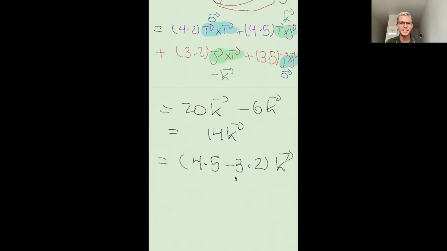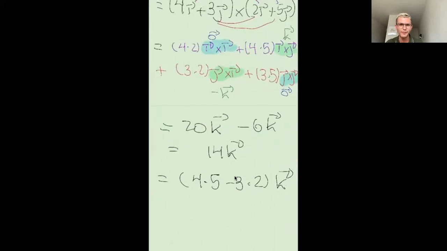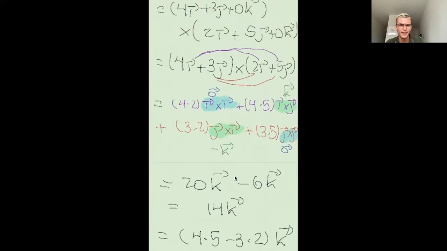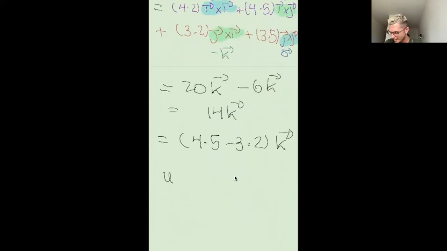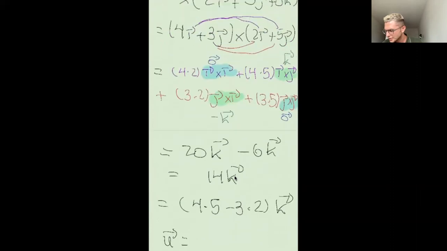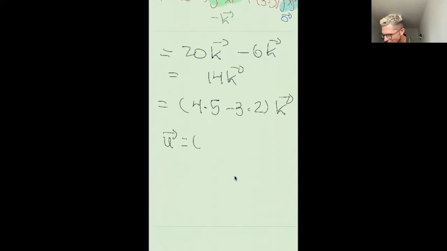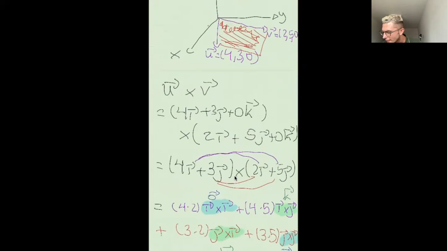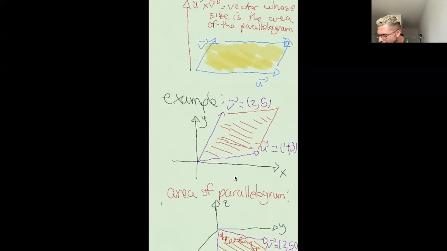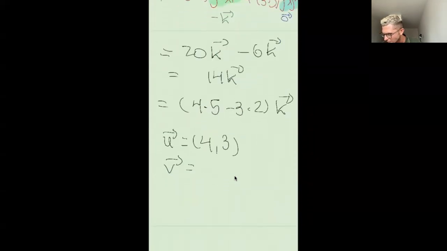But this is suggestive, because what were the original vectors? U was 4, 3, and V was 2, 5.